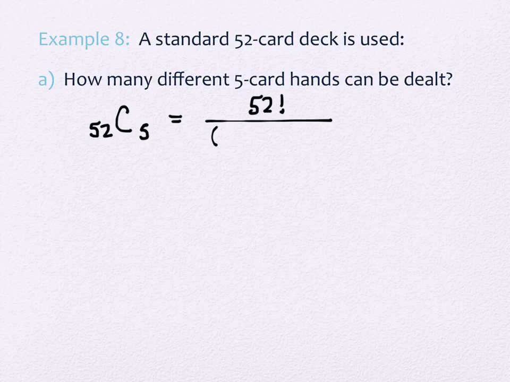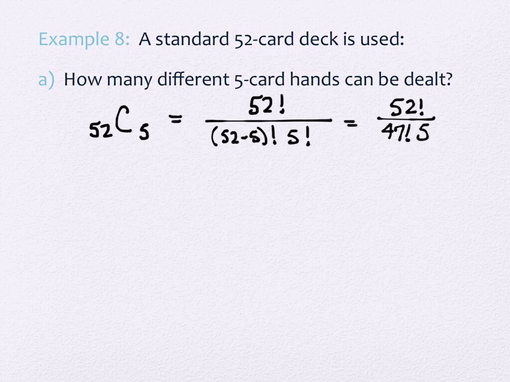What's my denominator look like? Fabulous. 52 minus 5 factorial and 5 factorial. So I have a 52 factorial on top. On bottom, what's 52 minus 5? 47 factorial, and I have 5 factorial. Notice the 47 and the 5 add to the 52, right?